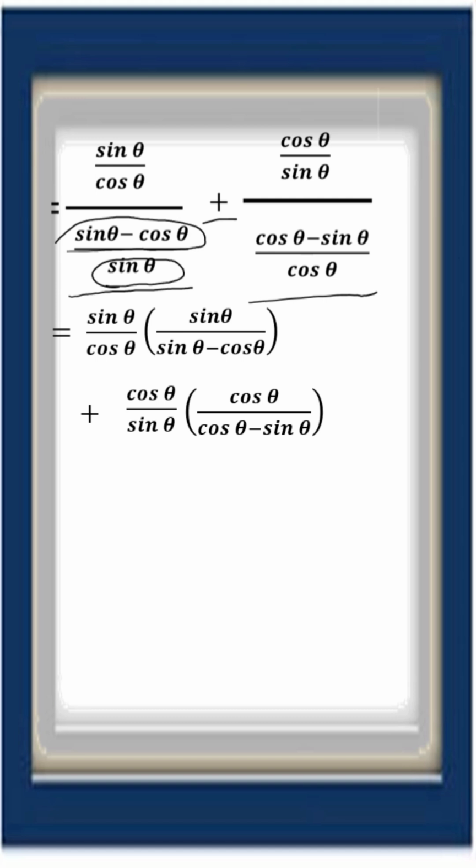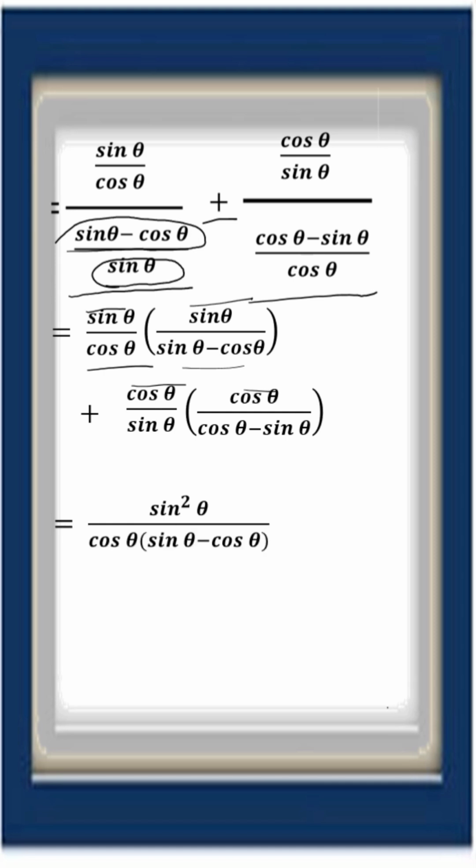Now let us multiply the numerators, this and this, this and this, and also the denominators. Sin theta into sin theta, what do we have? Sin square theta upon cos theta into sin theta minus cos theta, plus cos theta into cos theta, that is cos square theta, upon sin theta into cos theta minus sin theta.